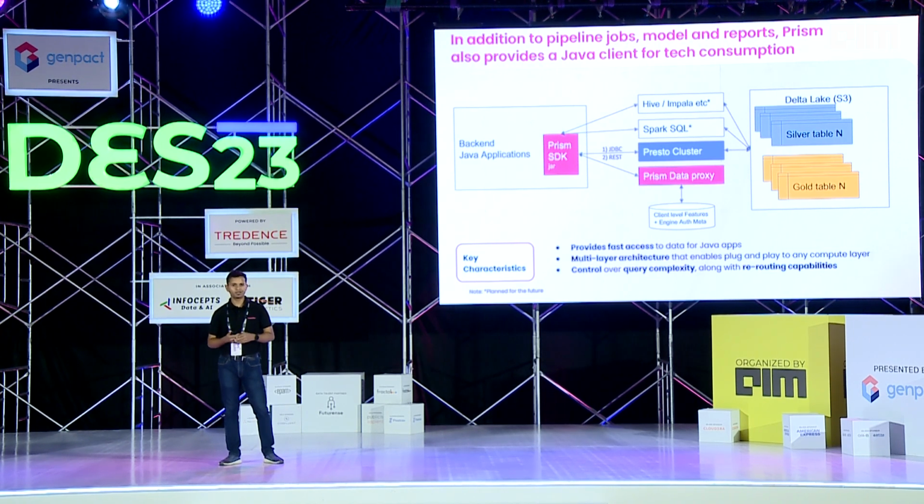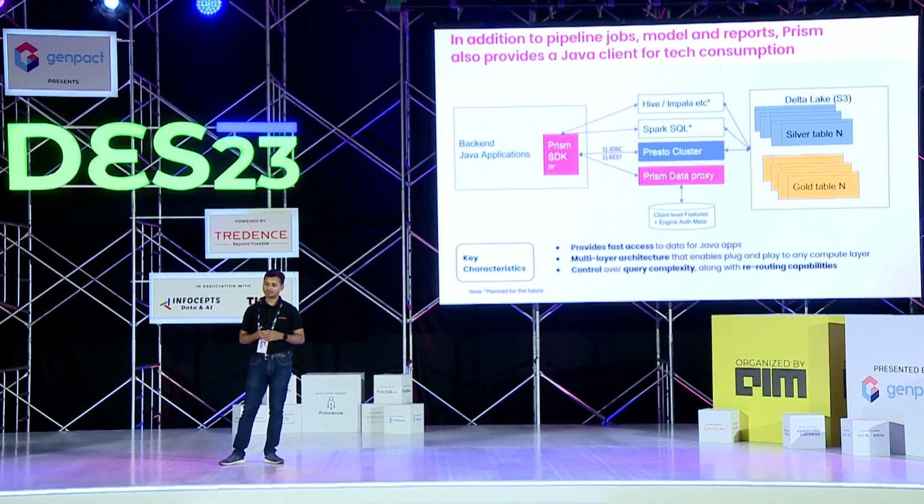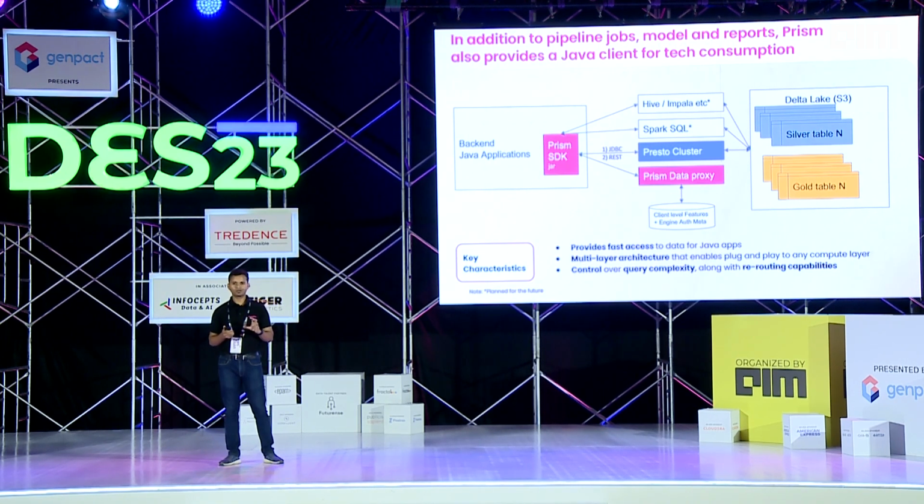For this, we again built a custom jar, a custom library, a custom framework, which is backed by a proxy server. This proxy server and the jar enable us to choose the right query engine based on the different workload. We were able to add the right authentication and the right governance mechanisms in place for access to the data lake.